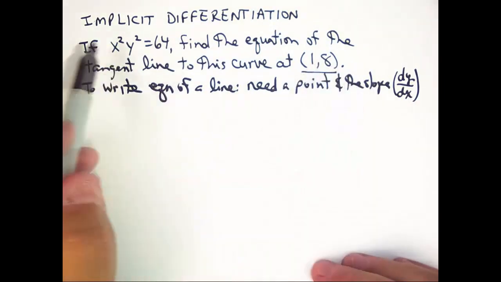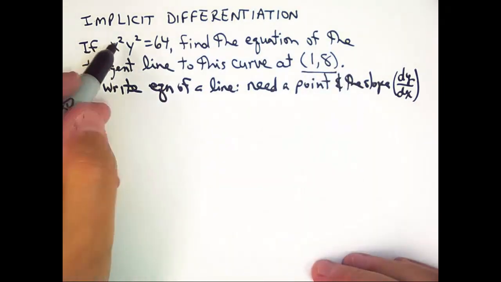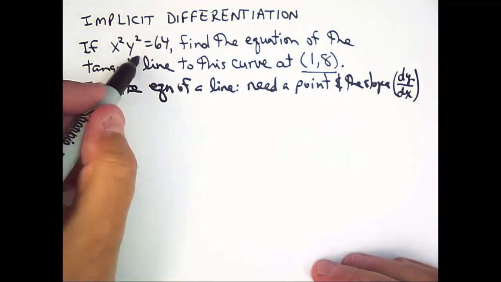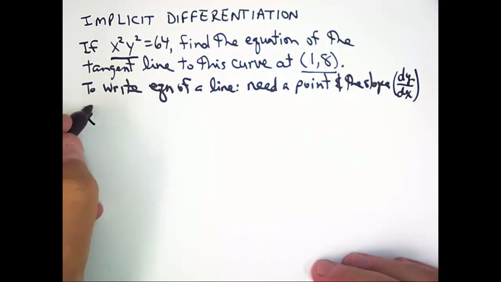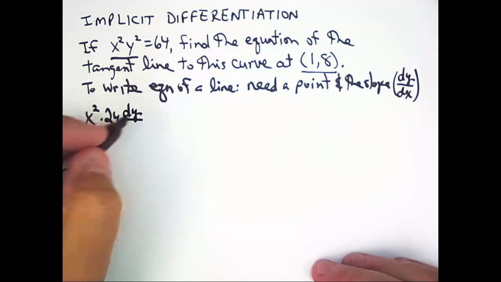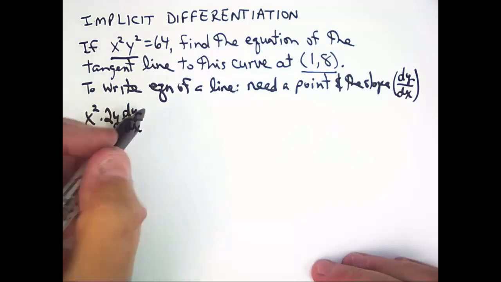We already have the point. Using implicit differentiation, if we go back to this problem, we're going to use the product rule on the left-hand side. So you've got the first factor, which is x squared, times the derivative of y squared, assuming y is a function of x. That would be 2y to the first, but then you've got to come back by the chain rule and take the derivative of y, which is dy over dx.